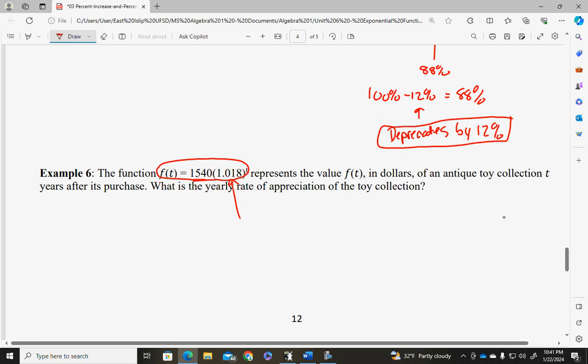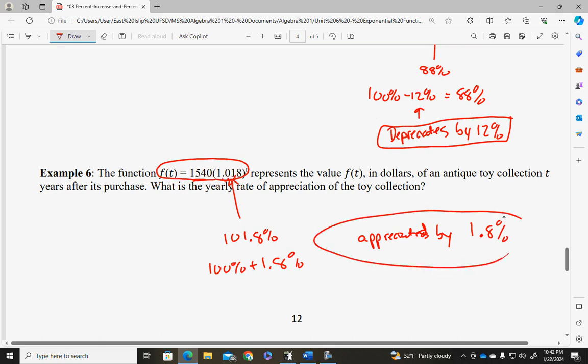And what's the rate of appreciation? Well, this 1.018 is really 101.8%, which comes from 100% plus 1.8%. So it appreciates by 1.8%.